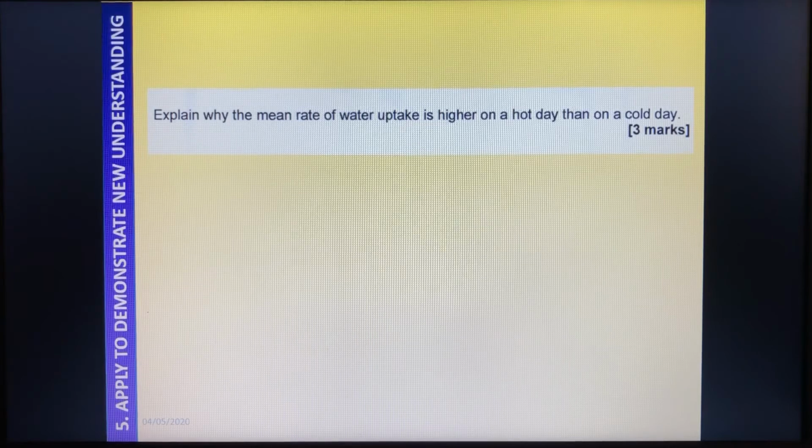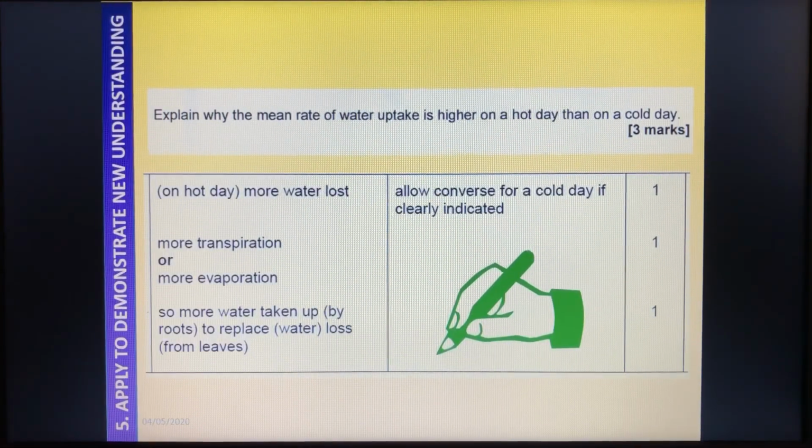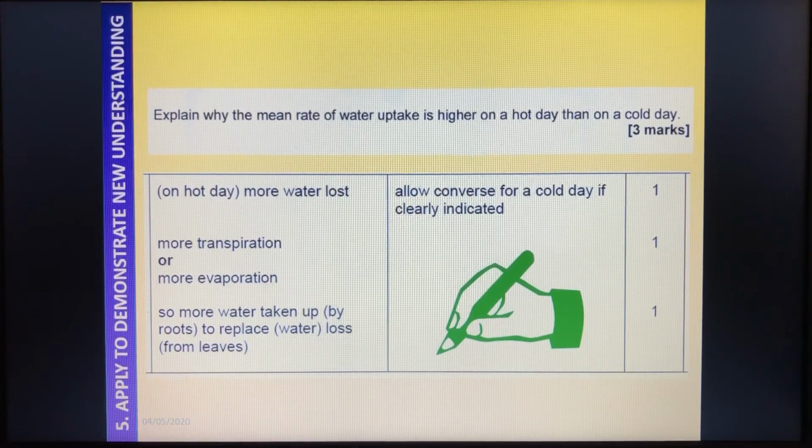Okay, let's have a look at the mark scheme then. Explain why the mean rate of water uptake is higher on a hot day than on a cold day. As we've talked about and shown by our results, on a hot day more water is lost, and we can say how that's lost. It's lost by transpiration or evaporation, or an even better word is evapotranspiration, which means movement of water by evaporating through those stomata.